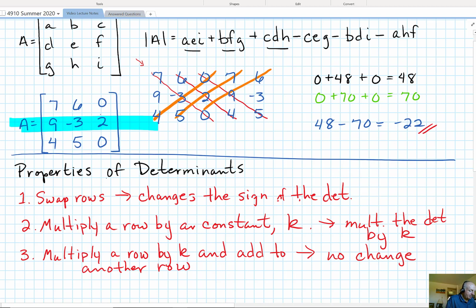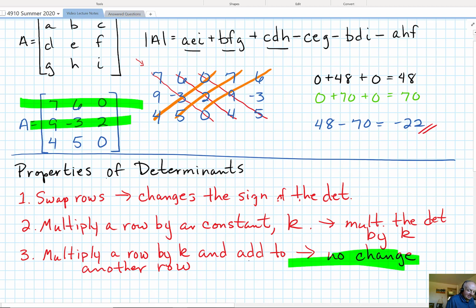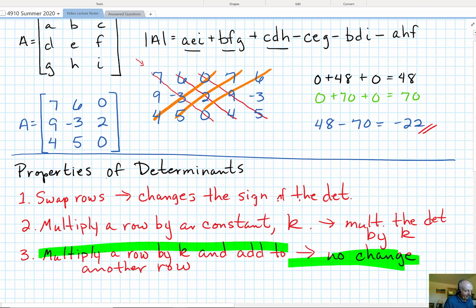The first operation was to multiply that row by 7, and that's going to multiply the entire determinant by 7. The second operation was to multiply this by -9 and then add and replace. That's not going to change. So if all I do is multiply one row and add to another, then there is no change.